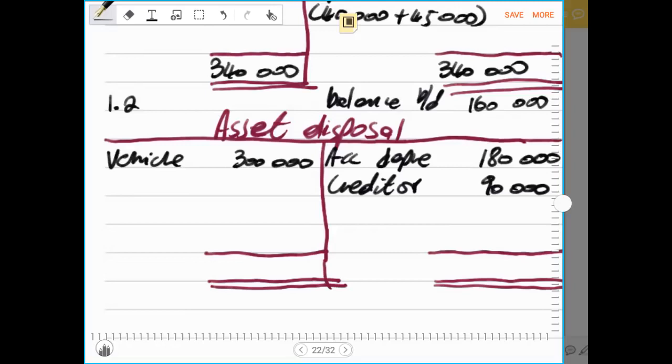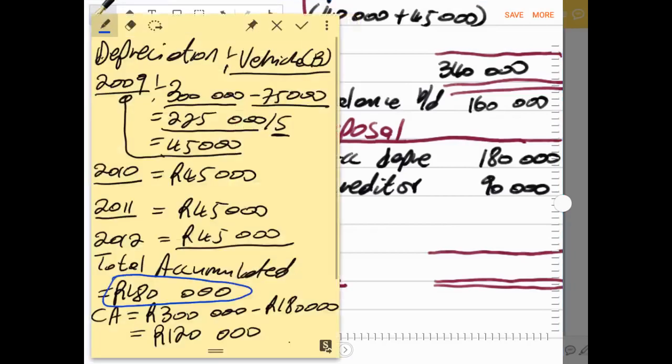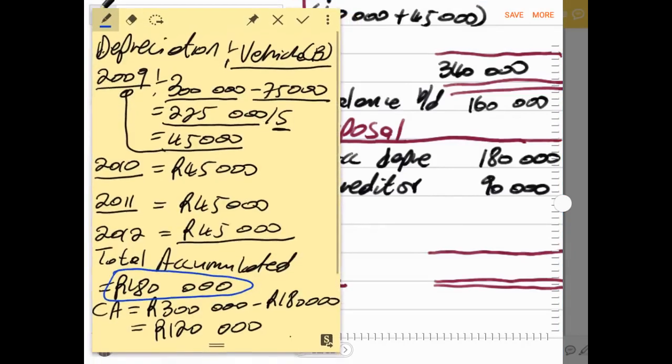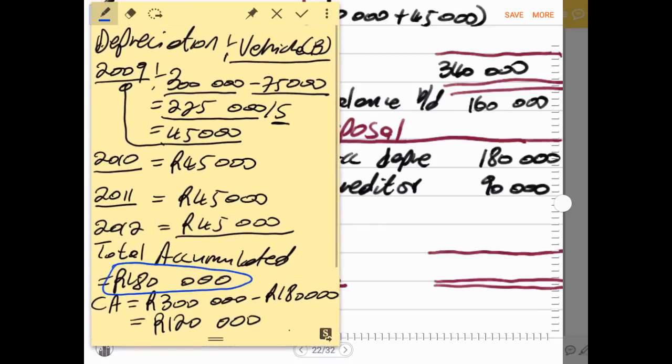Then we can just identify whether we have made a loss or a profit on the sale of this asset. Let us just come to my workings, because I like to use this approach. Remember, we have the carrying amount here at the bottom. The carrying amount of this vehicle by the end of December is 120,000 rands.